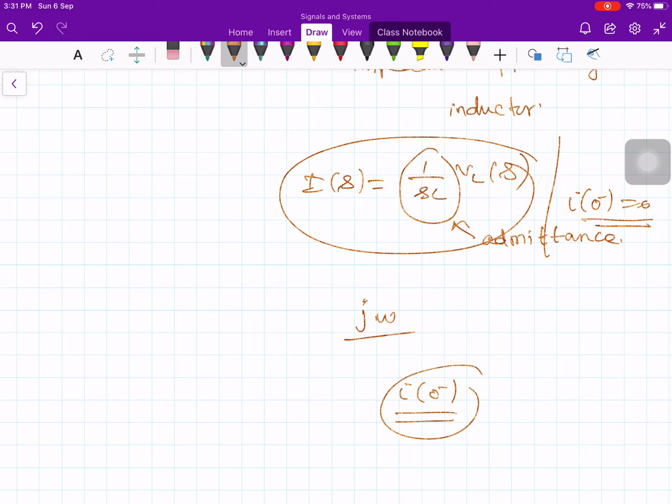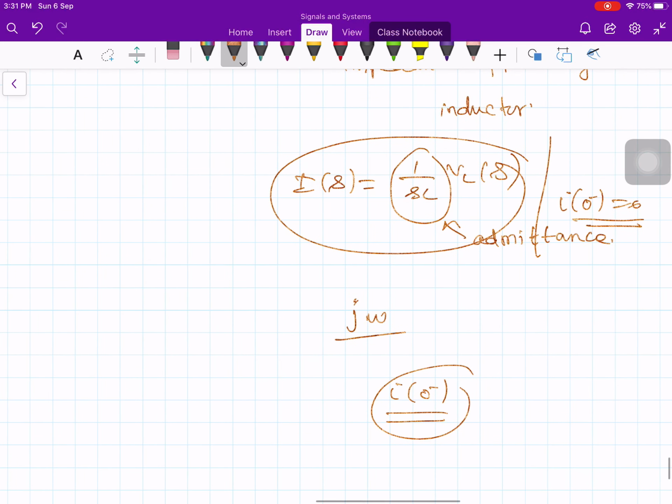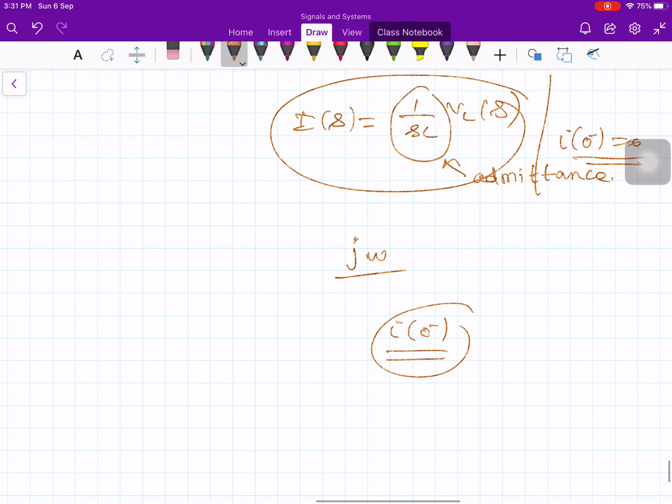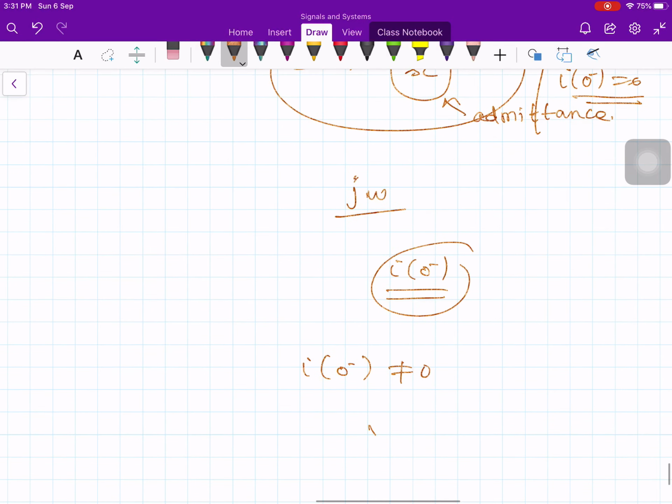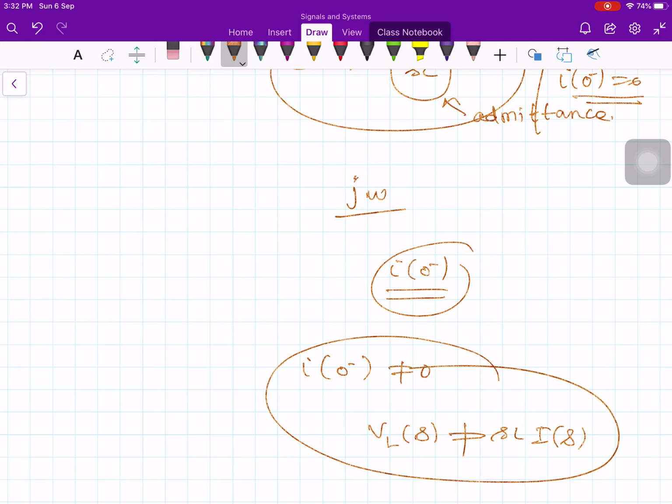Okay, so these initial conditions spoil the character. Whenever this I of 0 minus is not equal to 0, then you don't have this kind of relationship. VL of S will not be equal to SL times I of S. So this initial condition spoils the proportional relationship.